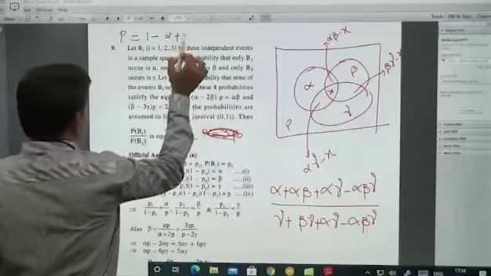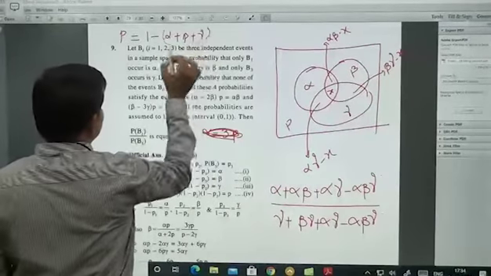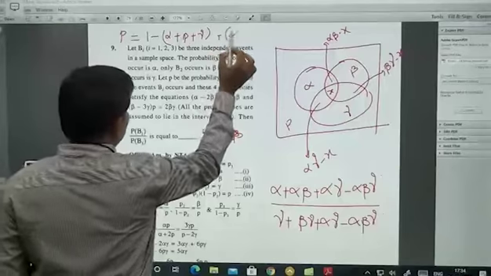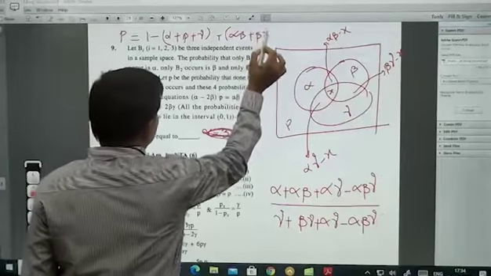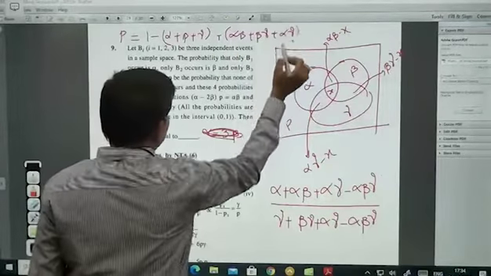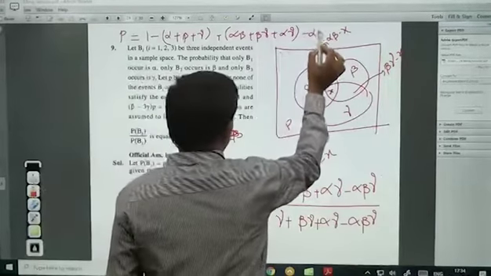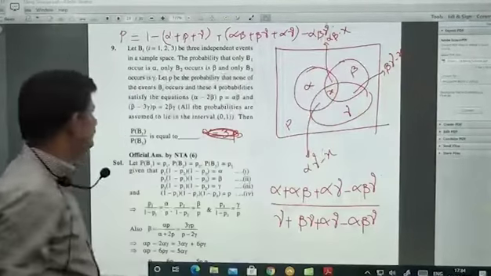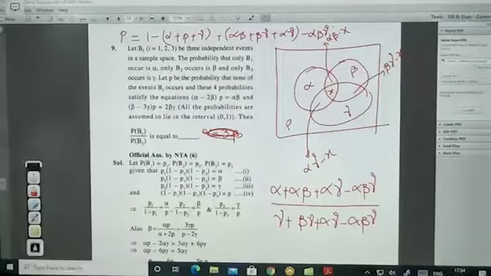Alpha plus beta plus gamma plus alpha beta plus beta gamma plus gamma alpha minus alpha beta gamma. It's coming out to be lengthy, right?